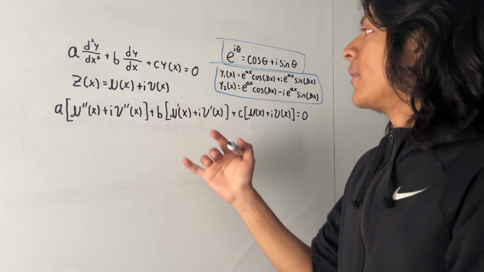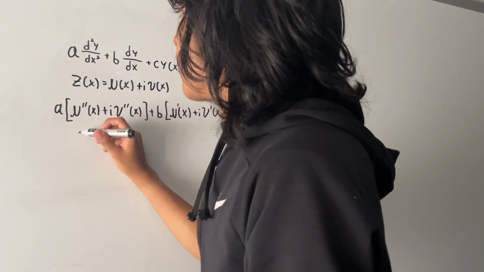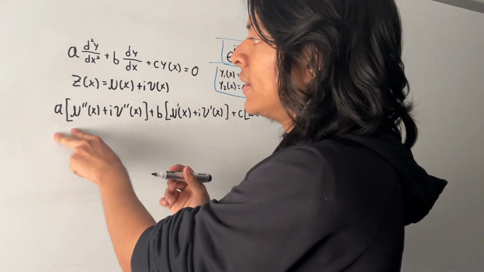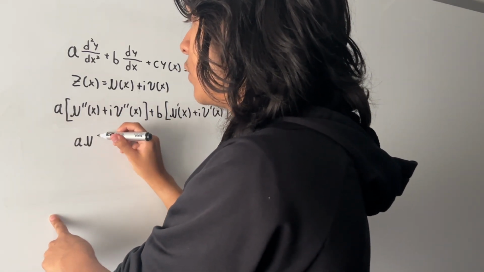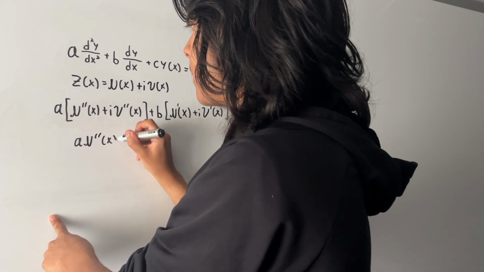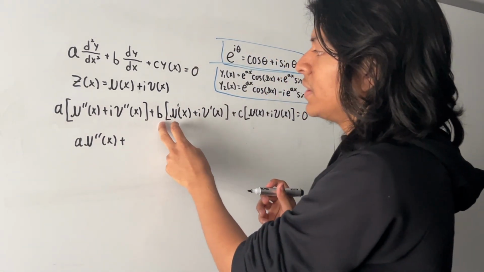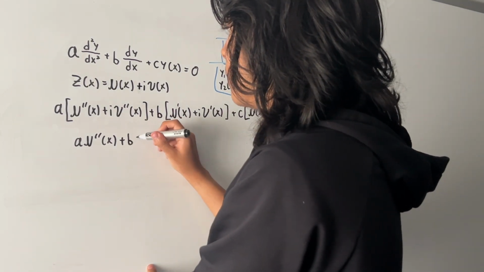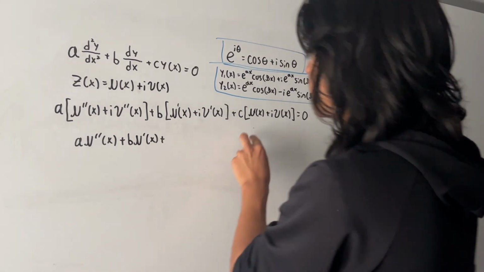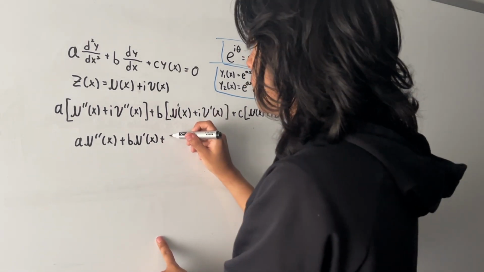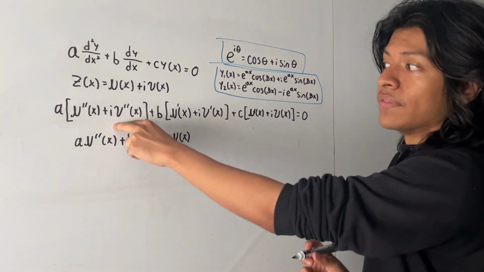Now let's just get the u's and v's together. So for our u's, we have a times u double prime, so a u double prime of x. And then here is b u prime, so b u prime of x. Plus, then we have c times u, so c u of x. Same thing with the v's.